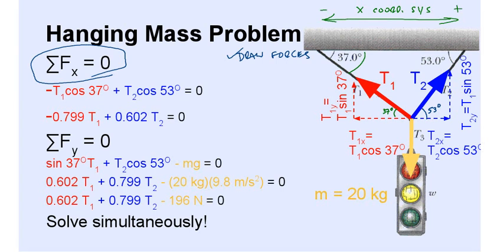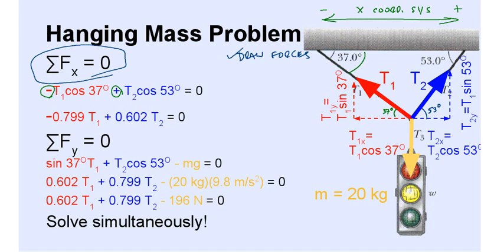So when T1 pulls to the left, then I put a negative sign in right there. T2 pulls to the right, so I've got a positive sign to indicate that the red arrow pulls to the left, the blue arrow pulls to the right, and there's my equation right there. T1 cosine 37 is this piece pulling left. The T2 cosine 53 pulls to the right.